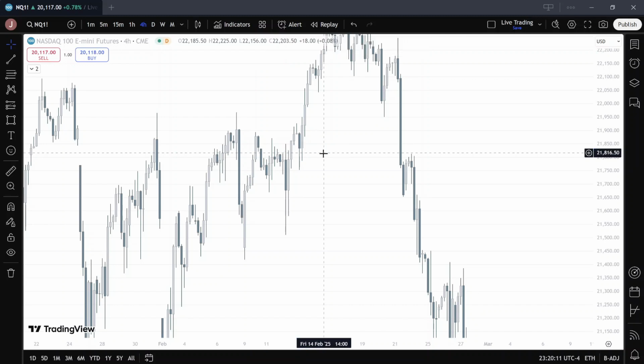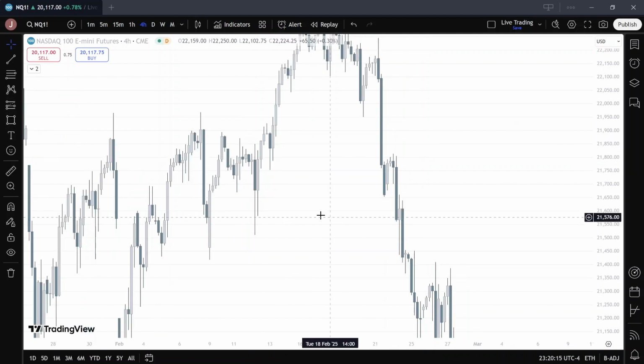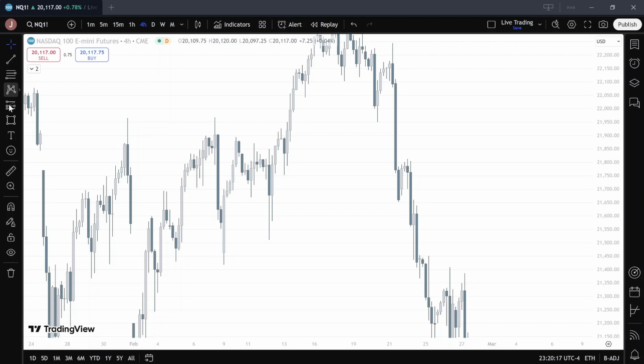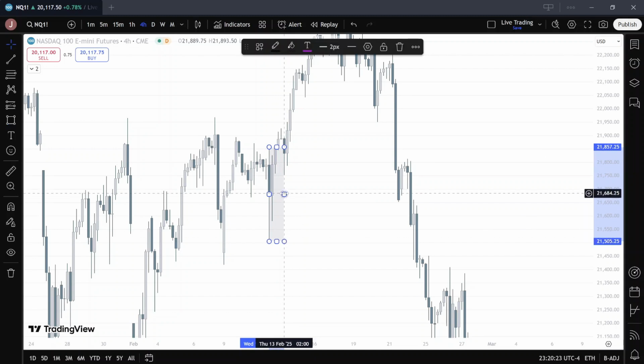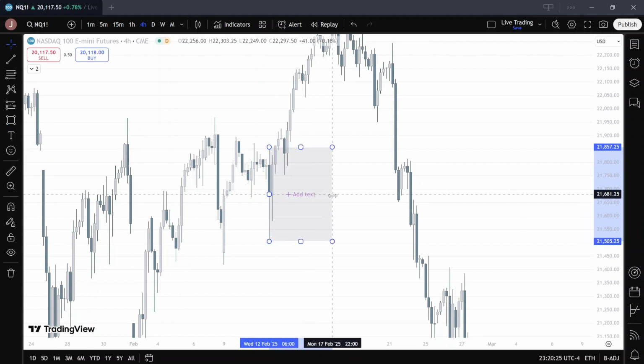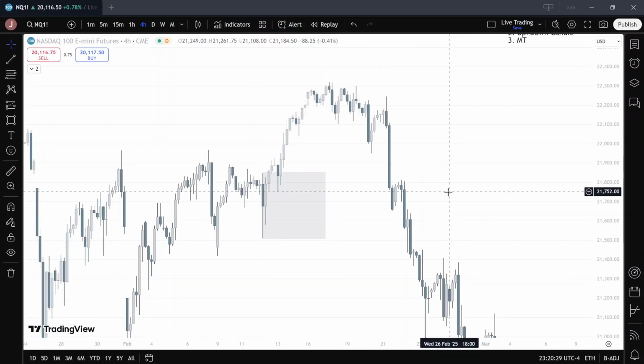So if the order block is overlapping with a fair value gap, then you want to mark out the wicks. So you want to include the wicks into it right here.